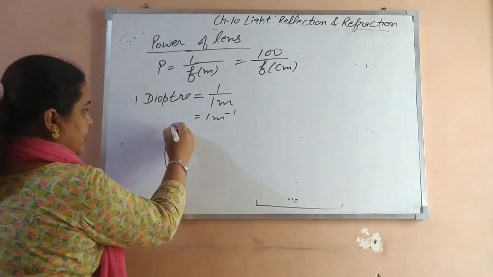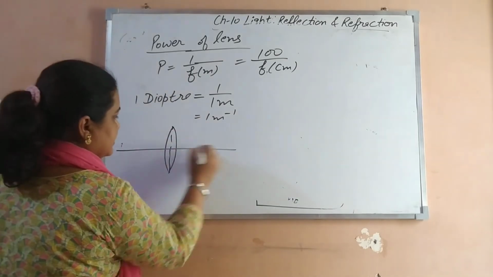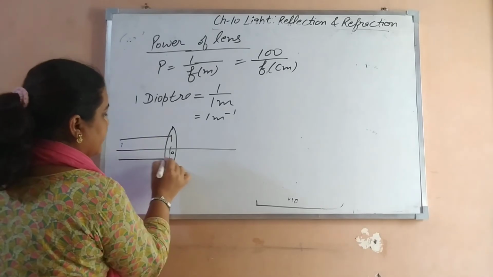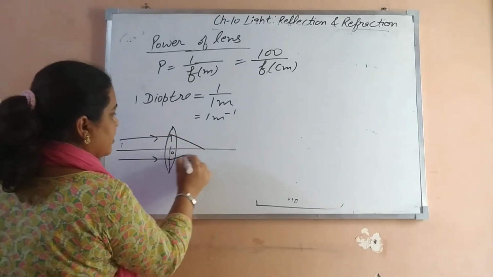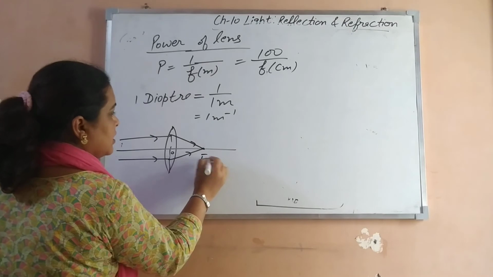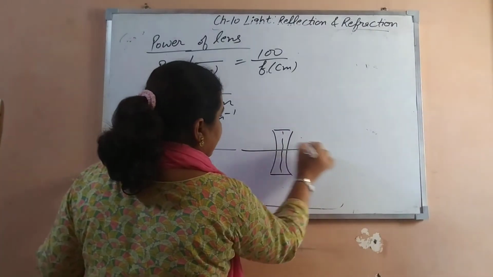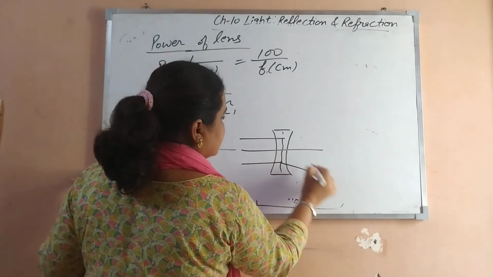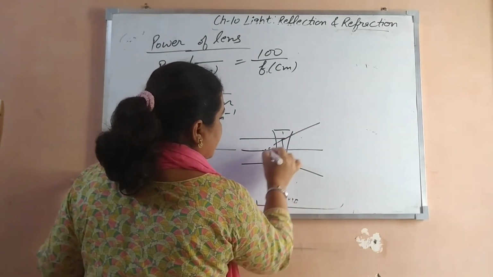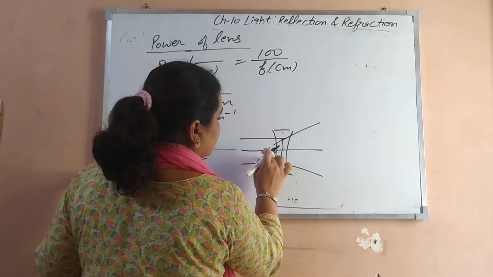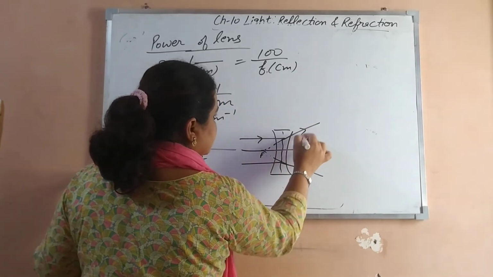Now see these two diagrams. One is for a convex lens, this is the optical center, parallel rays are there. After refraction they will converge to the focus. And similarly here, this is a concave lens, parallel rays are there. After refraction they will diverge out and appear to diverge from the focus on the same side.